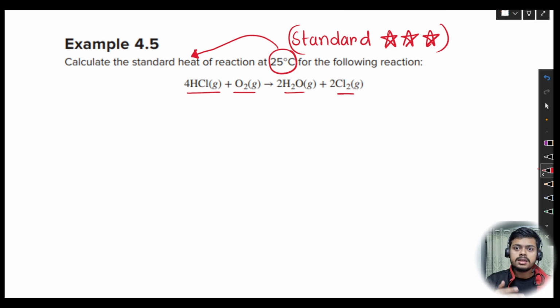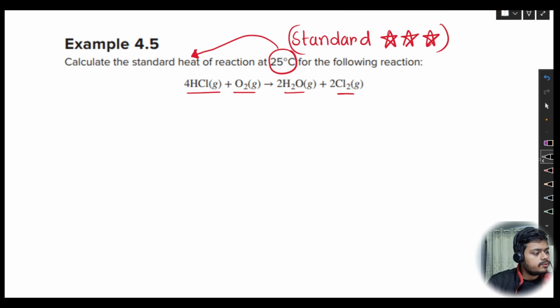So basically the standard state is 25 degrees Celsius. Any other temperature or any other pressure is not going to be a standard state. So the heat of reaction at 25 degrees Celsius is known as the standard heat of reaction, and the question has told us to calculate the standard heat of reaction.